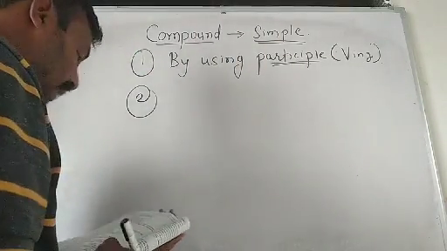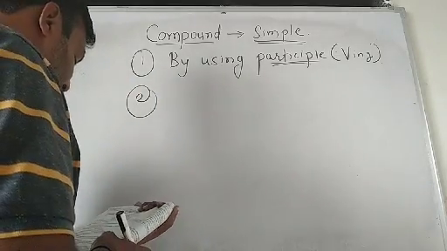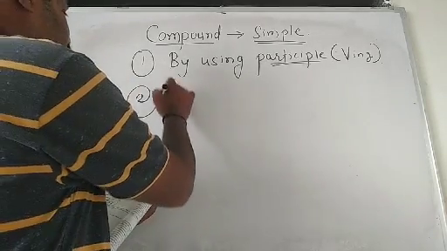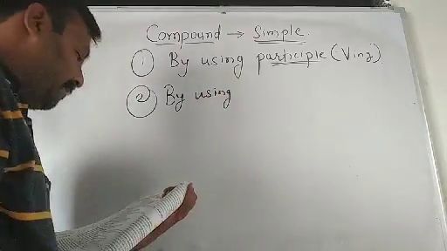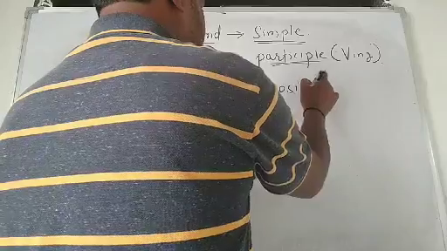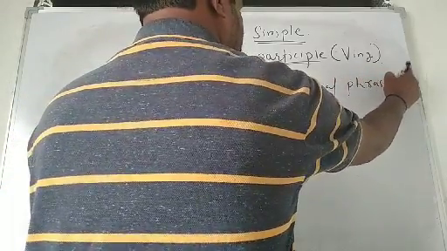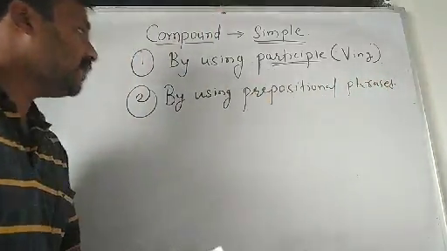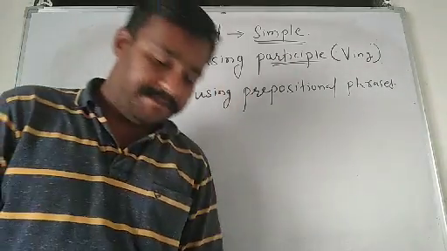The second way to change compound into simple is by using prepositional phrases. By using prepositional phrases we can change a compound sentence into a simple sentence.